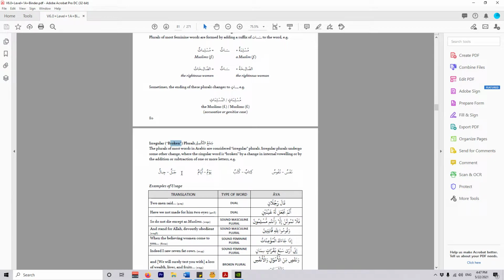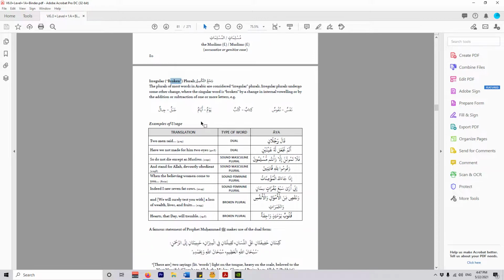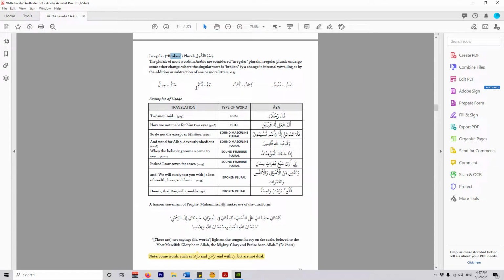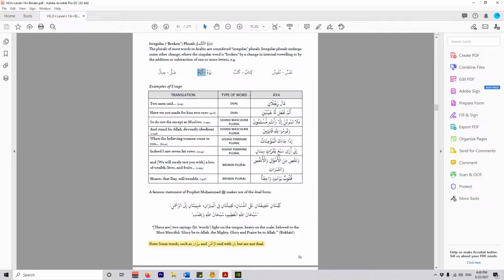And then we have a mountain, jabalun becomes jibalun. So those are different ways to make plurals in Arabic. One of the most common patterns you see is like ayyamun from yaum. That's a pretty common one.